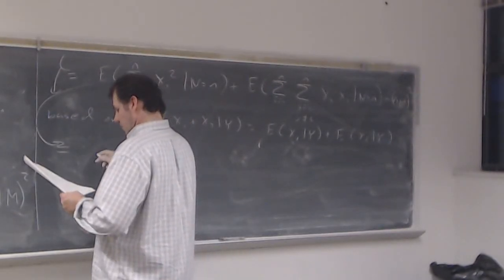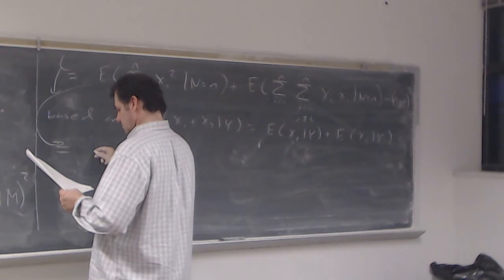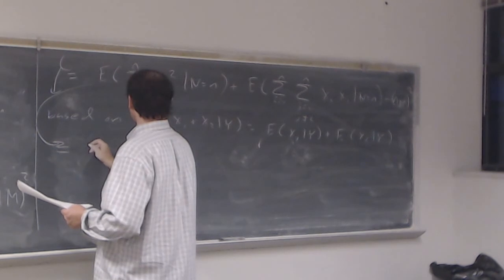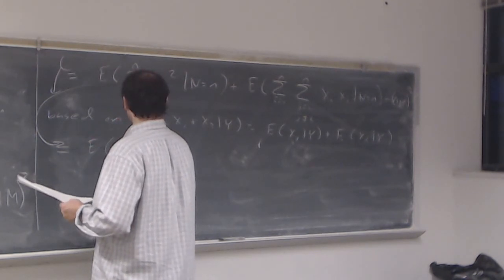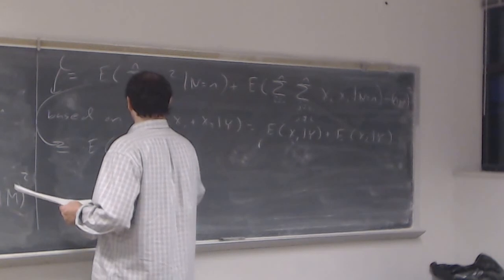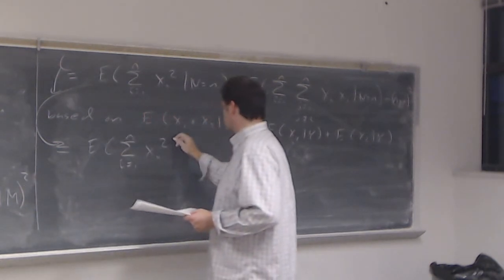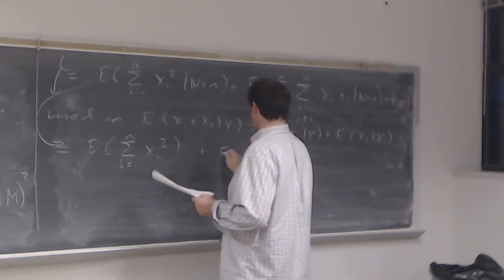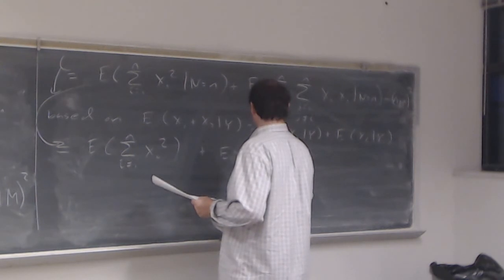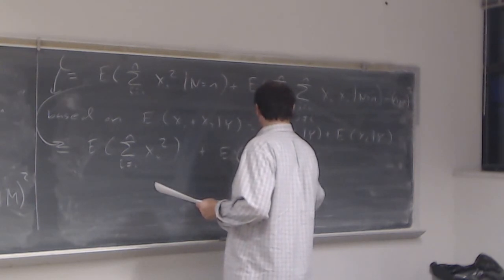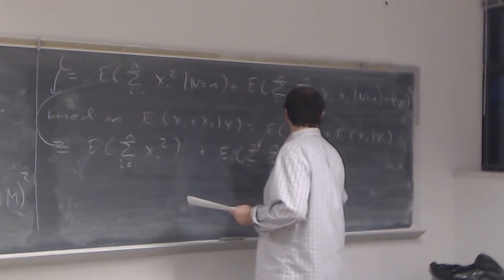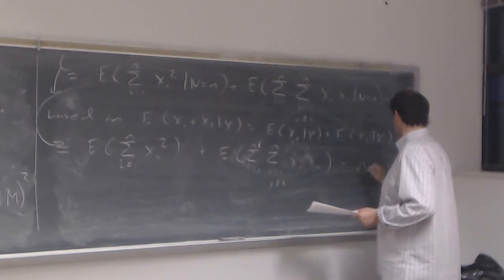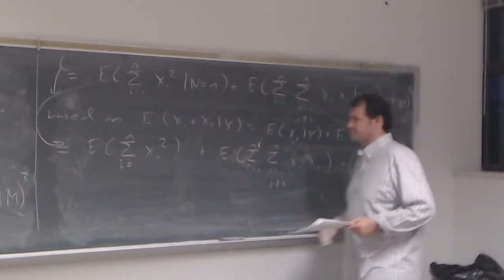Now, this step right here is equal to, by independence, the expected value of the sum as i runs from 1 to n of the x_i squares, plus, here, there's an independence again. This is the expected value of the sum as i runs from 1 to n, sum as j runs from 1 to n, j being different than i, of x_i x_j, so those things multiply together, minus n times mu b squared.